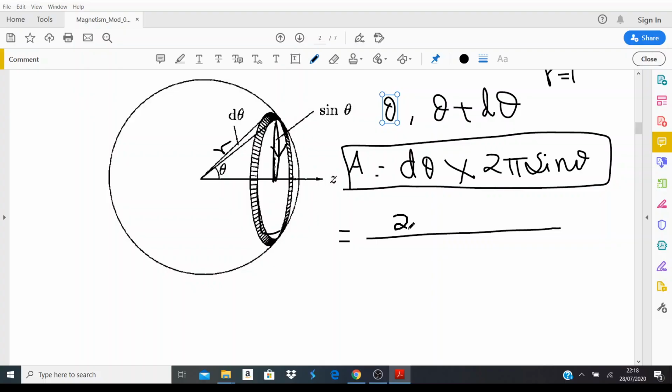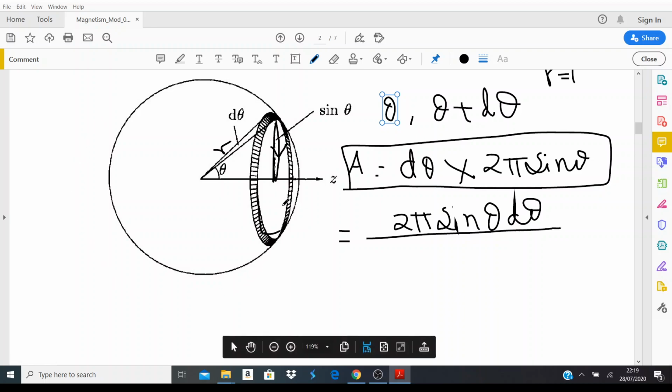So we put the area of the annulus on the top, which is 2 pi sine theta d theta, divided by the surface area of the entire sphere, which is 4 pi r squared. But r is 1, that's just 4 pi.